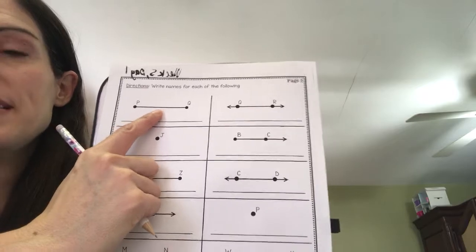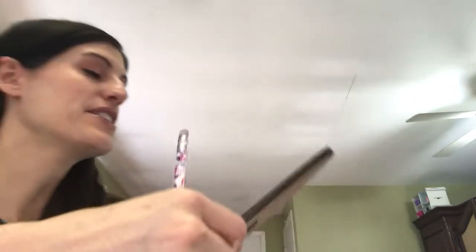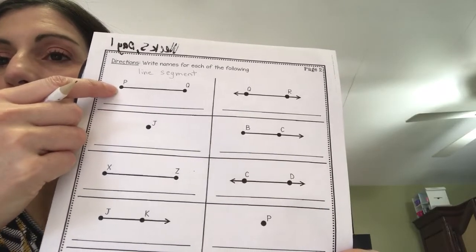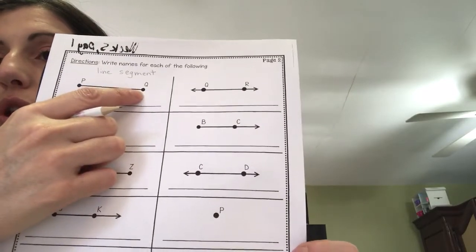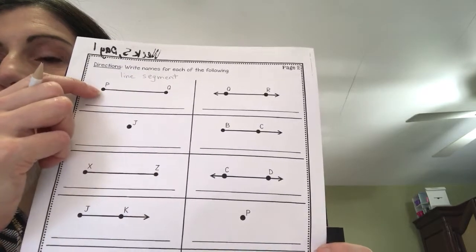I think this one is a line segment. Very good. So we're going to put line segment. And then how would you label it? P, Q, or Q, P.